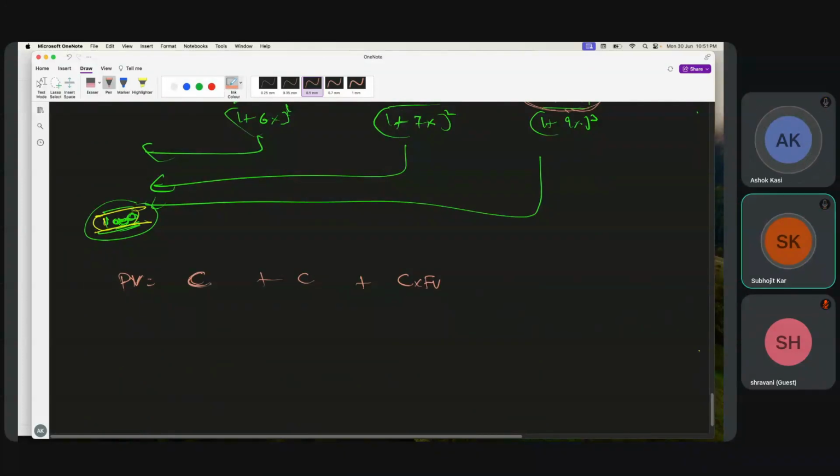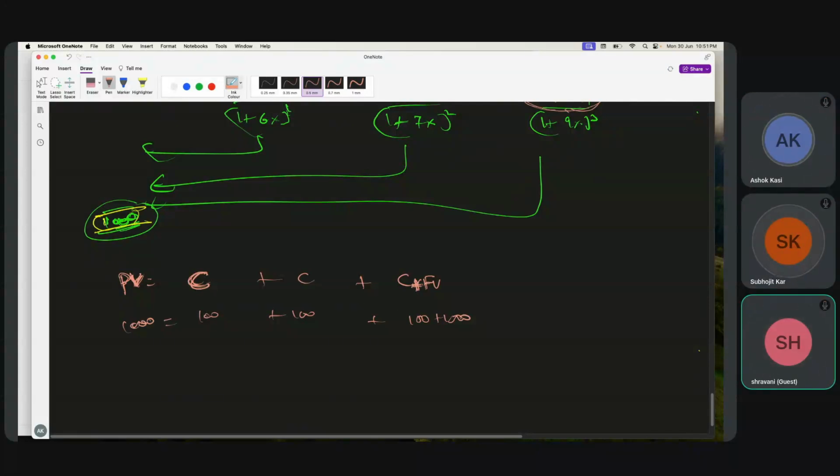If it is priced at par, imagine this present value 100 is equal to, if it is a 10 percent bond, how will I write? 100, 100, 100, then 1100. So this should be plus 1000. This is how I will write, for a par value bond.